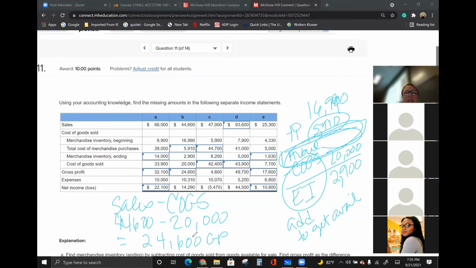Back out the expenses to get net income, which is 14,290. Now, they didn't ask for the net income, but that's how they got it, right? Take your gross profit less your expenses, and that gives you net income.